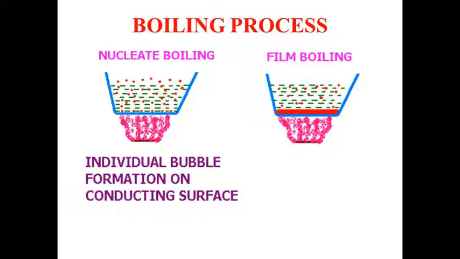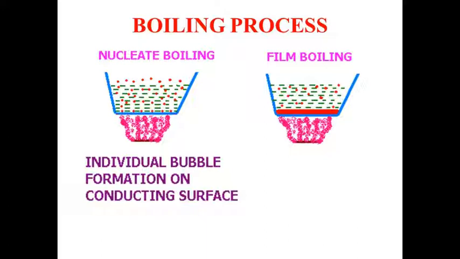Now there may be another situation of heat transfer when the vessel is getting extremely overheated, and when we pour liquid into the vessel, due to high heat availability, the liquid layer which is coming in contact with the vessel immediately turns into steam.